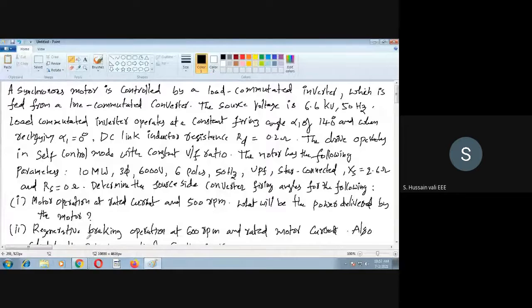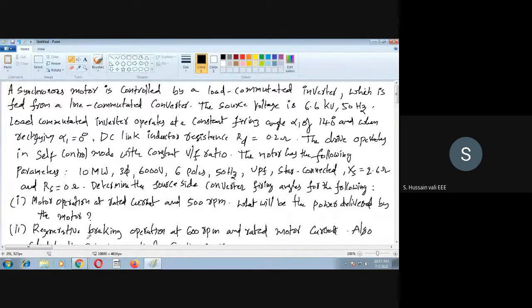So what is the thing you need to understand here? A few things you must understand. So what is the data he has given? Based upon the data, we have to find out. Okay. So now you see.